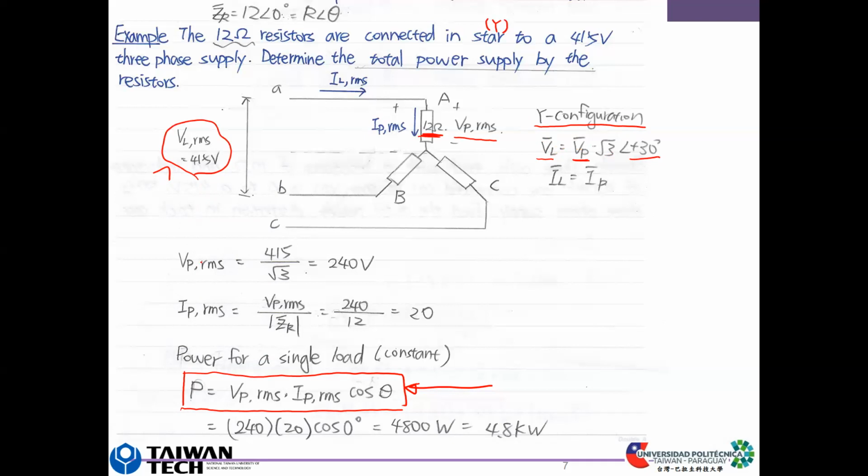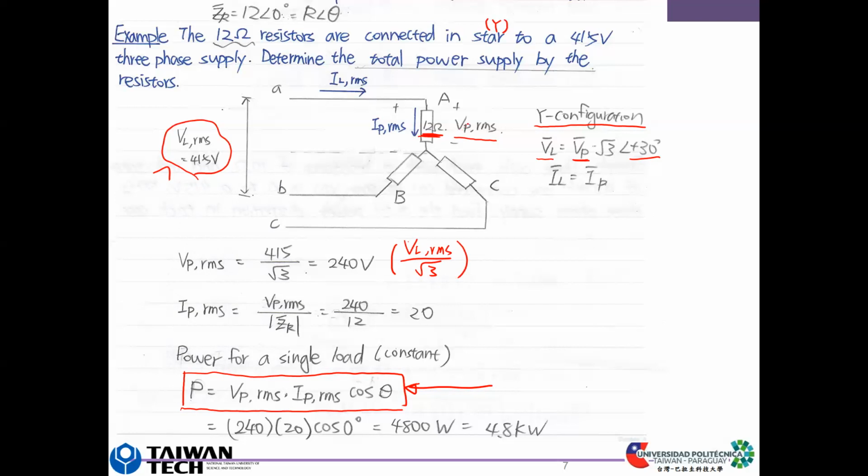So V_P,RMS equals V_L,RMS divided by square root of 3. This is from the formula.